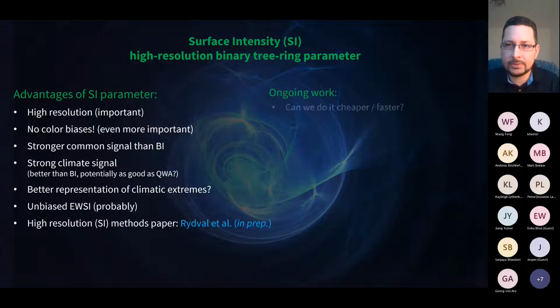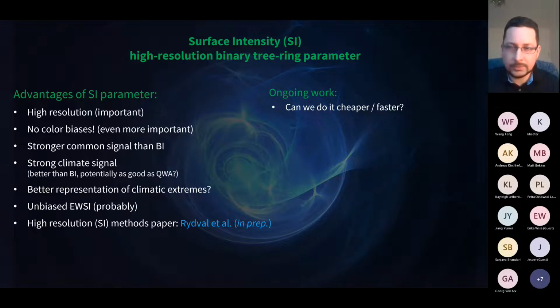And just to mention some ongoing work, we're trying to look at ways of making this cheaper and faster. We had some email exchanges with Lars-Åke Larsson, and potentially there might be some ways of making updates to QRecorder to make it possible to work with these high-resolution images more effectively.